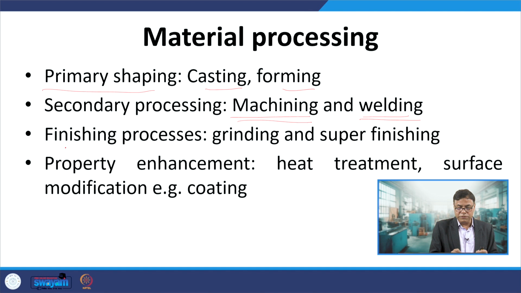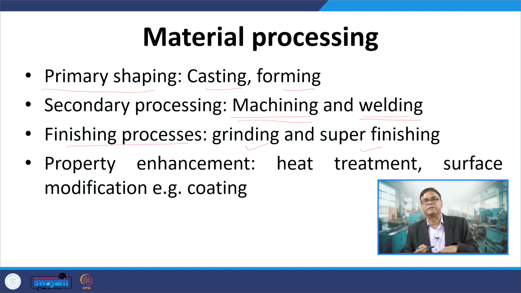Then we can do finishing processes using grinding or super finishing to achieve the desired degree of finish and dimensional control. And property enhancement through heat treatment, surface modification in terms of coatings, electroplating, burnishing and case hardening; a lot of other property enhancement things can be done.